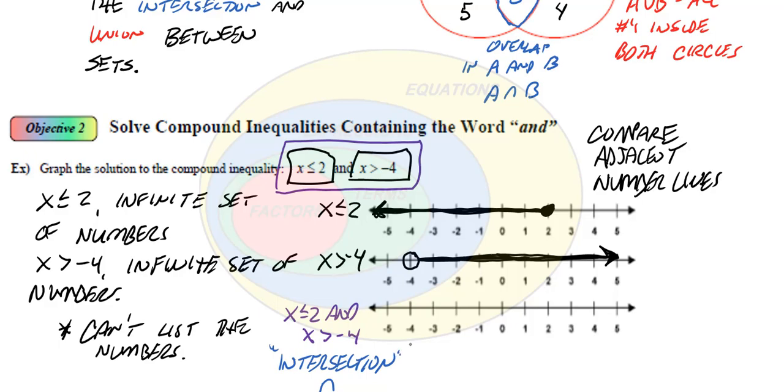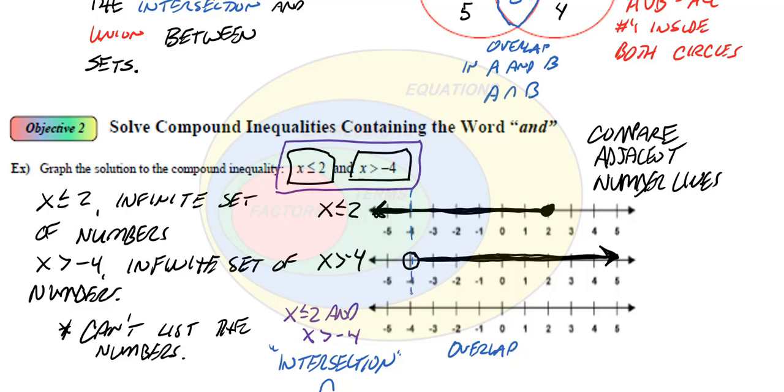An intersection is an and. So we can look on here and, like I say, like the Venn diagrams, the intersection represents the overlap of where these number lines are defined.